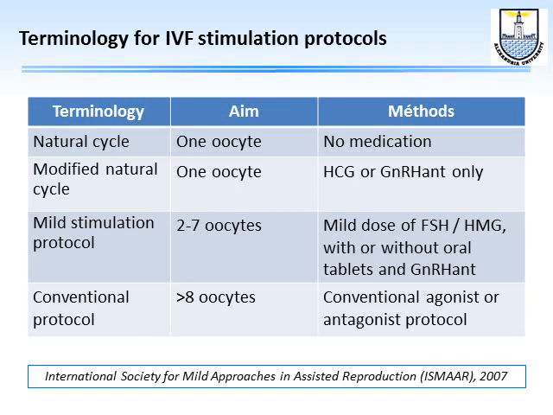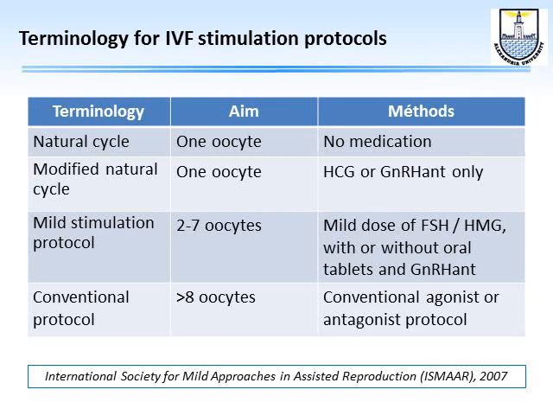So these are the modified natural cycles. So you have the natural cycle, you give nothing. The modified natural cycle, you don't give stimulation, but you trigger with HCG and sometimes with or without giving antagonist in order to prevent the LH. Then we have the mild stimulation protocol, with the aim of producing 2 to 7 eggs.